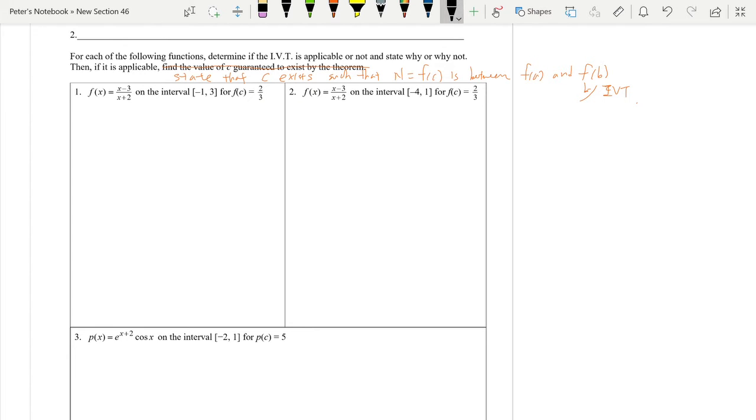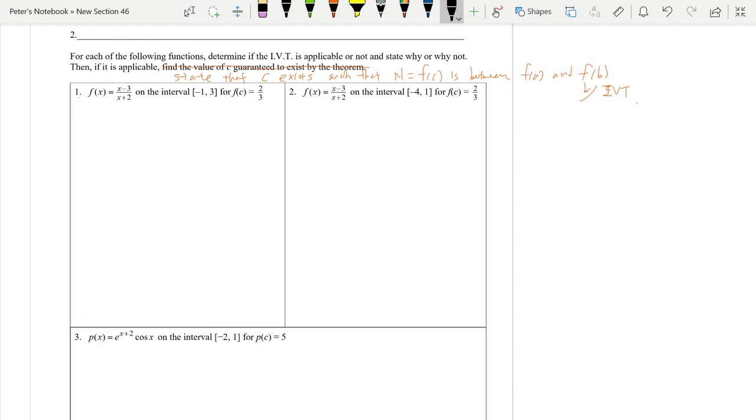So we're not actually finding the exact c value, we're just saying there is a c that exists by IVT. But there are cases where we cannot use IVT, so we'll look at those cases. Actually, the first two are cases where you cannot use it, I believe.